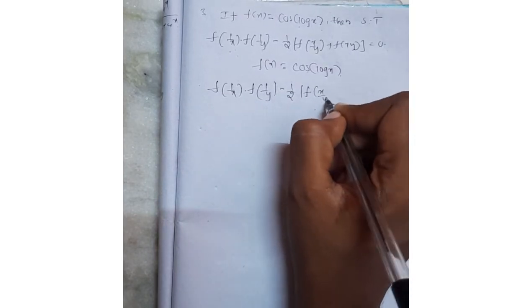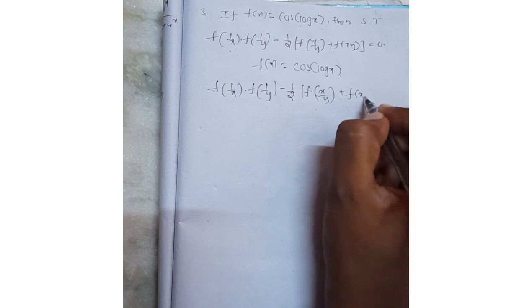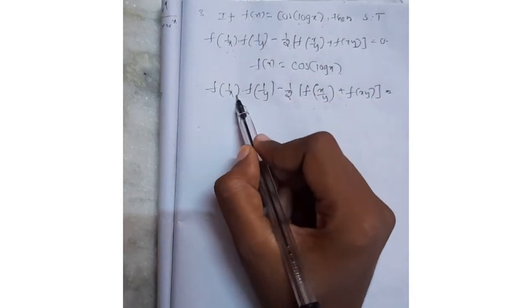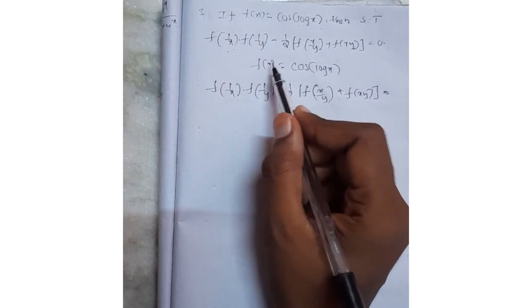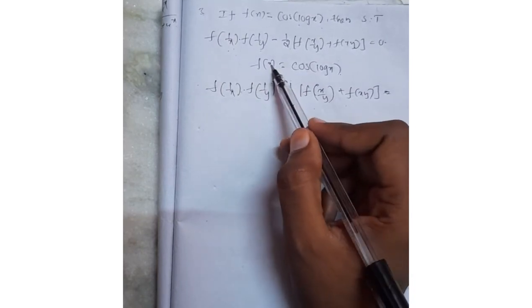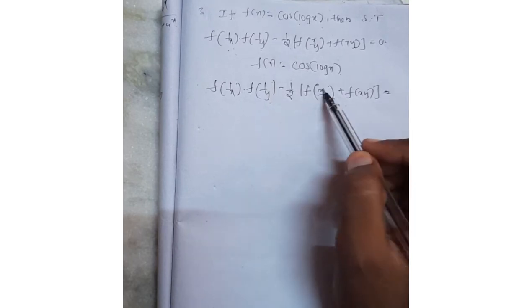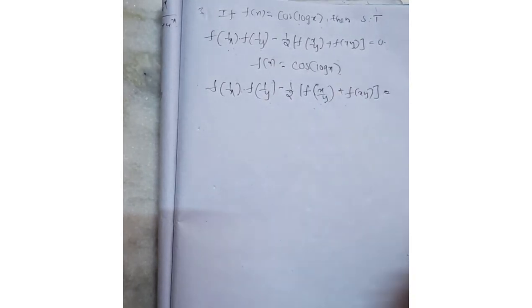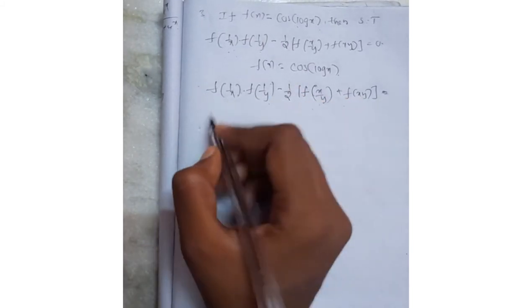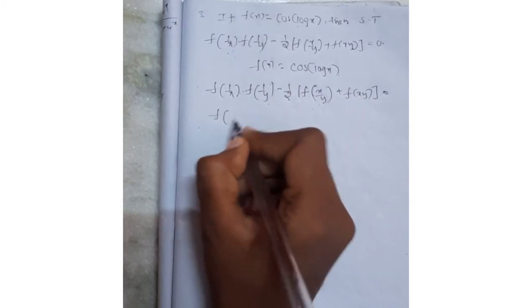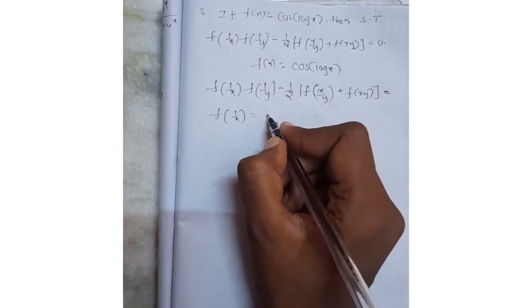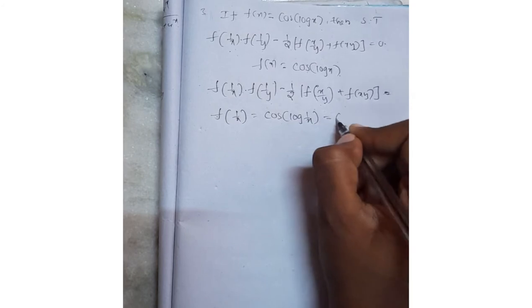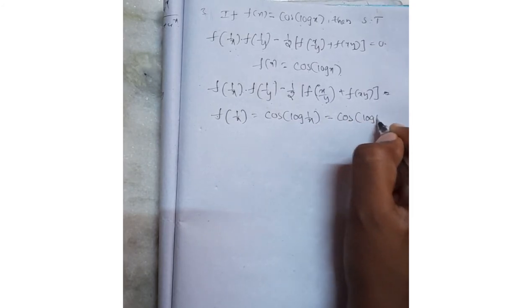f of 1 by x into f of 1 by y minus 1 by 2 of f of x by y plus f of xy. Okay, f of 1 by x in the sense replacing x with 1 by x. f of 1 by y means replacing x with 1 by y, and x by y means replacing x with x by y, xy means replacing x with xy. That's it. Let's write every term individually. f of 1 by x means cos of log 1 by x, means cos of log 1 minus log x.